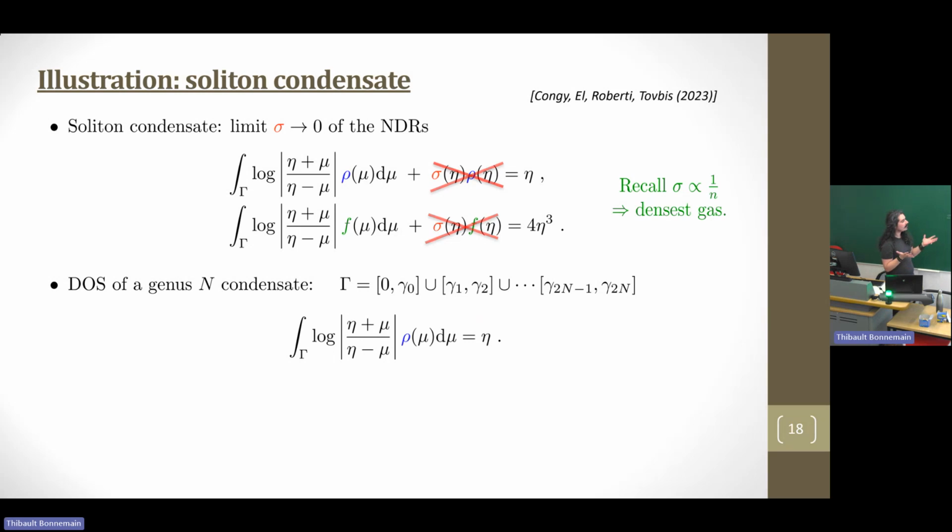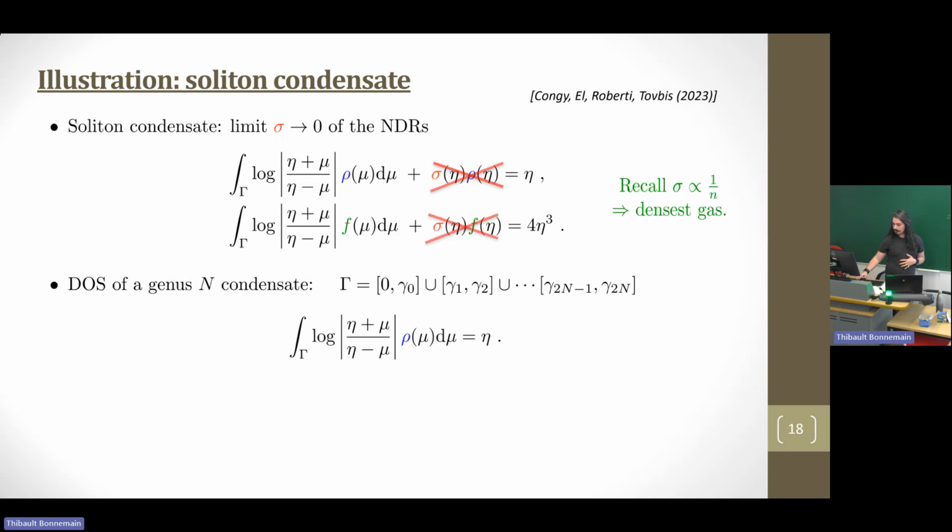And here, existence and uniqueness of the solution of the general NDRs was proven in 2021 by Gavrilov and Tovbis, as well as the positivity of rho. I won't go into the details here. I will just show you how to solve this.